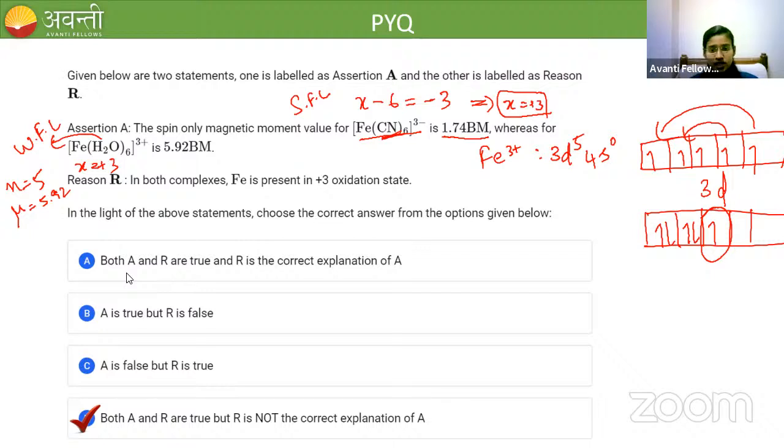It is because of the ligand. The magnetic moment value changes for both because of the ligand, not because of the oxidation state. So both the statements are correct, but the given reason is not the correct explanation for the assertion.